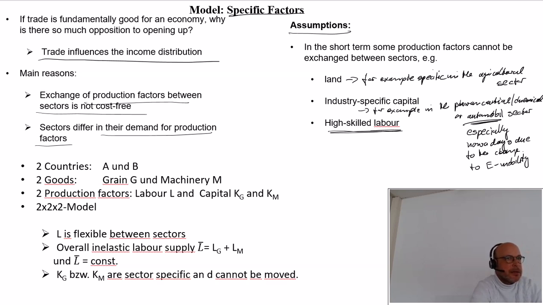And this, of course, here in the old automobile sector has already a large impact on the labor market in Germany.